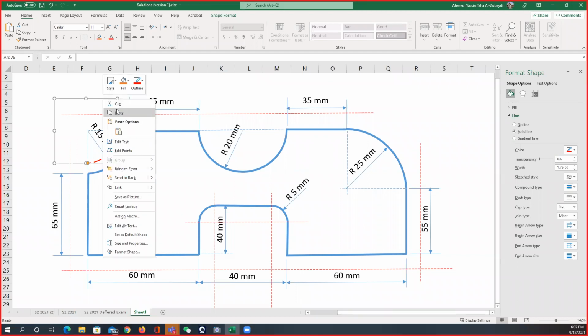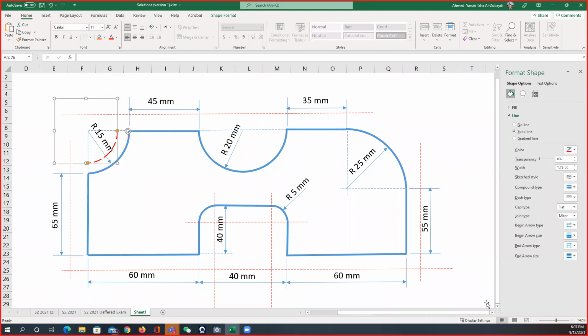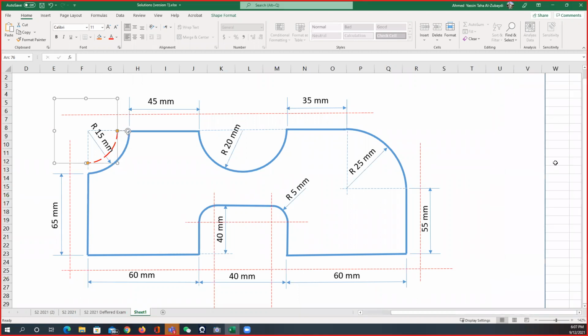So I think it's much better to copy that and put it here. I know that's just fancy things I'm doing. It shouldn't be a part of your course, but the main concept is that I'm just trying to show you how we can make the offset lines.